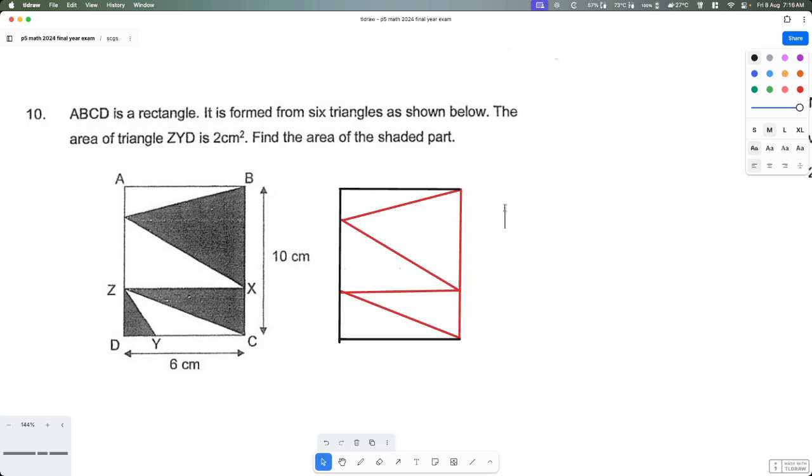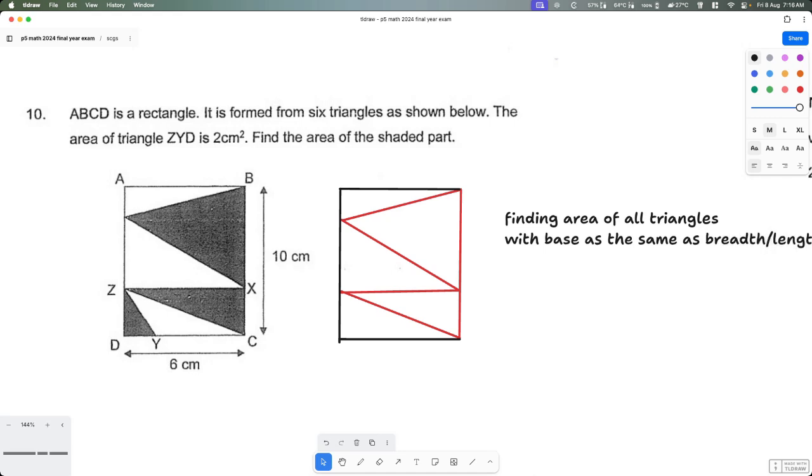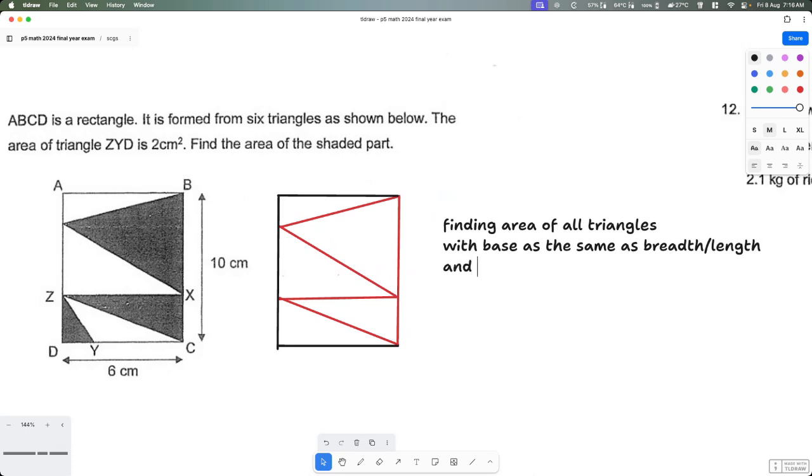So in this case, finding the area of all triangles with base the same as breadth or length, and height the same as breadth or length.